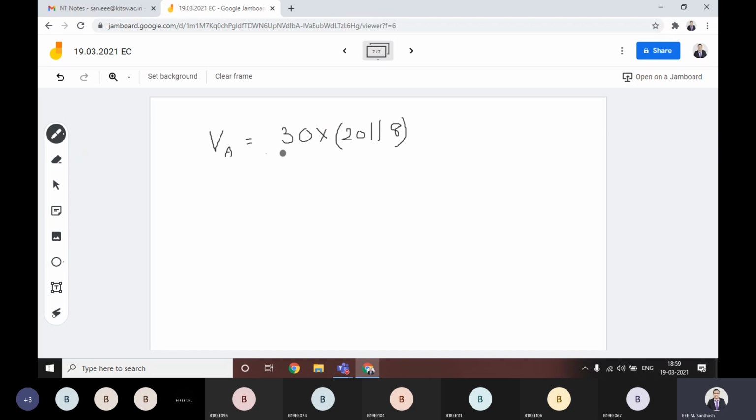This is the one. And total resistance, if you want to find, is the 20 and 8 parallel combination value plus the 10 and 7 ohm resistor parallel combination value. That is the actual value of VA.